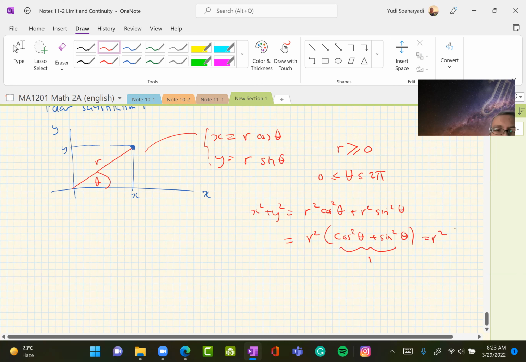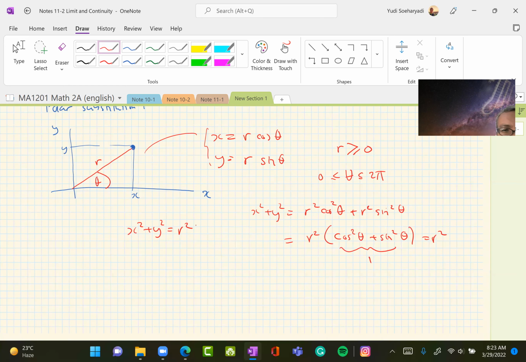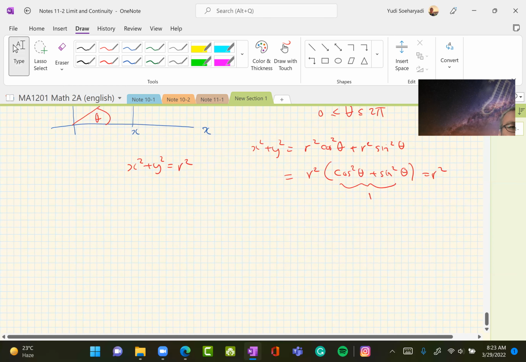So you get these relations. Then it justifies us to compute this one. It is used to reduce the number of variables.